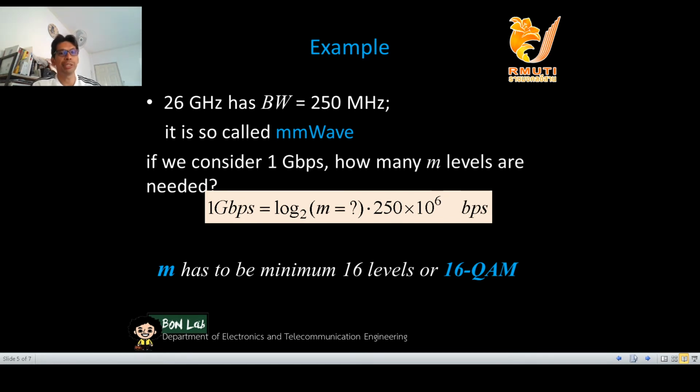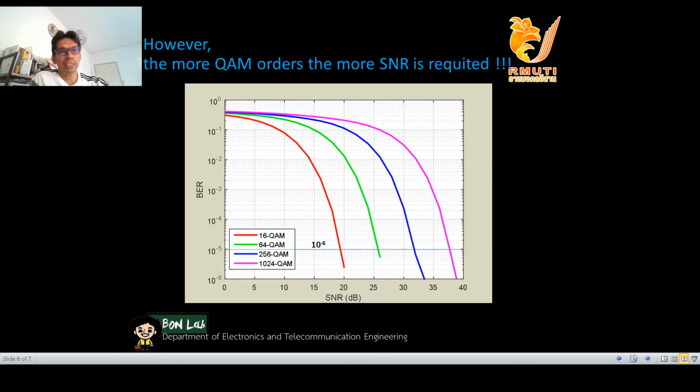The bitrate will be reduced from the last equation. However, the problem is the more QAM orders, the more SNR is required, and it is less tolerant to channel interference, symbol interference; any interference will corrupt or destroy the signal.